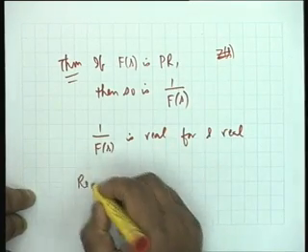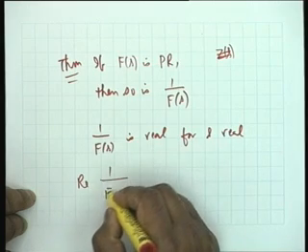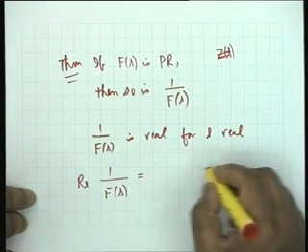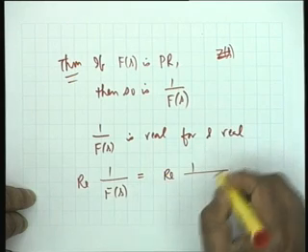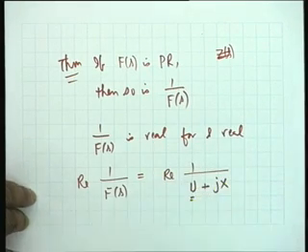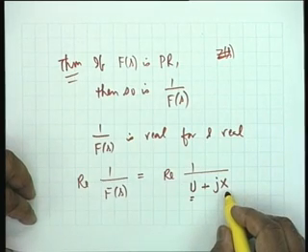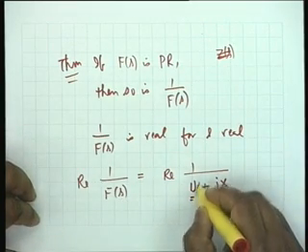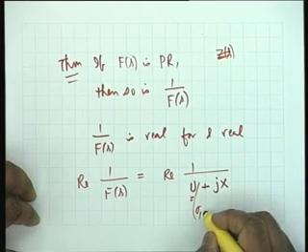And the other thing that you have to prove is the real part of 1 by f of S. Suppose f of S is u plus jx. U is its real part and x is its imaginary part. Since it is a function of S, u is a function of sigma and omega.